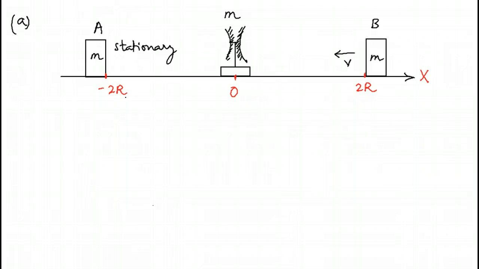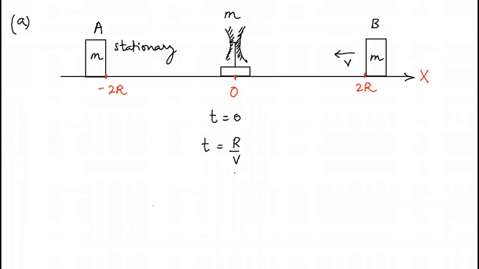In part A, it has been mentioned that if we assume this particular diagram to be drawn at t equal to 0, then we have to find the positions of the images of the two blocks formed in their respective mirrors at t equal to r divided by v.